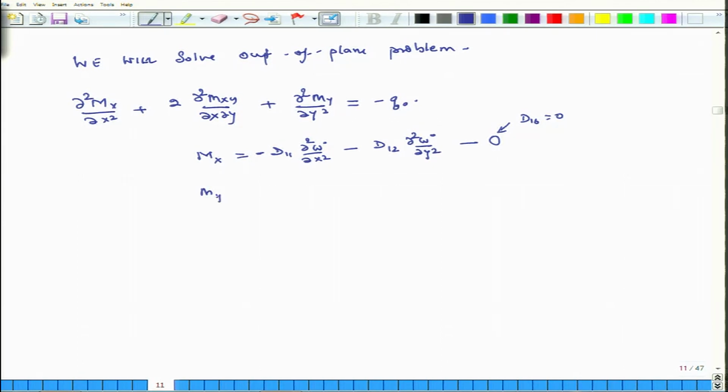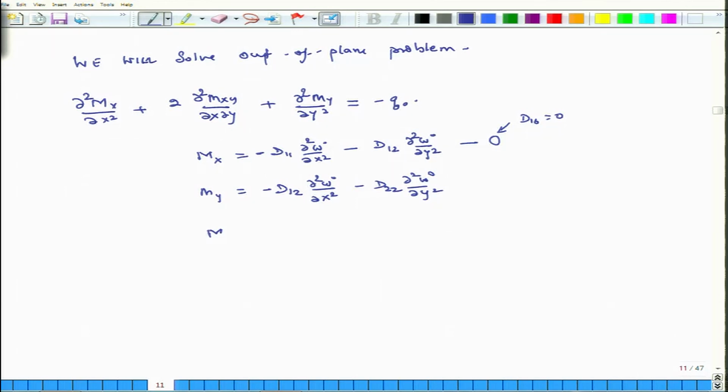Similarly, My equals minus D12 del 2 w naught over del x square minus D22 del 2 w naught over del y square, and the D26 term is again 0.